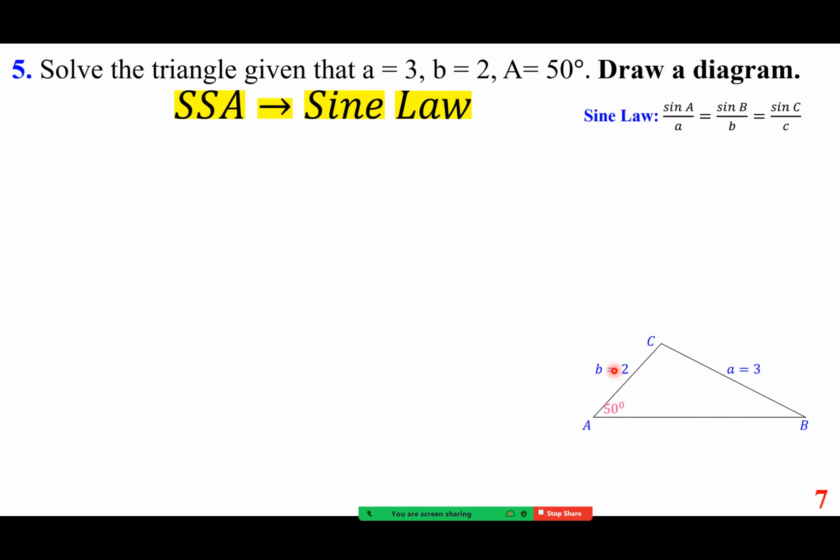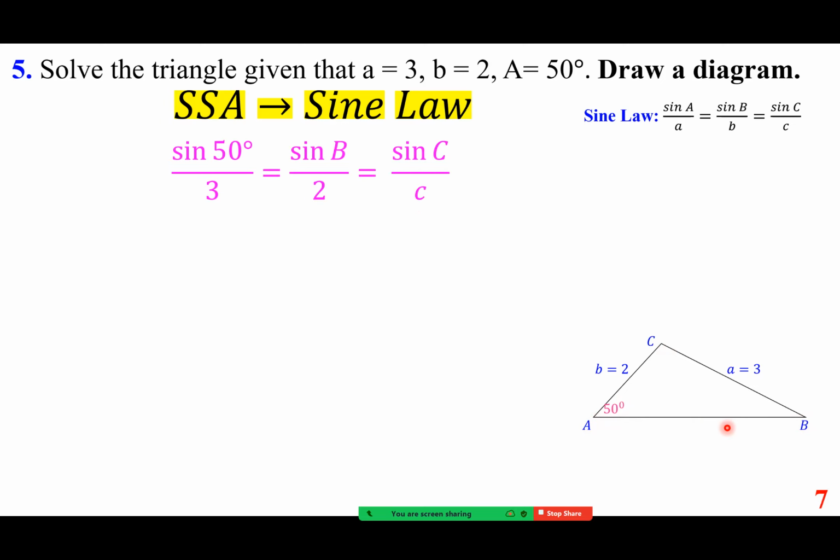Lowercase b is 2, and we want to find the rest of it. So we can use the sine law and write the general form. We can say sine of 50 over 3, sine of B over 2, sine of C over AB or lowercase c. We write this in general.